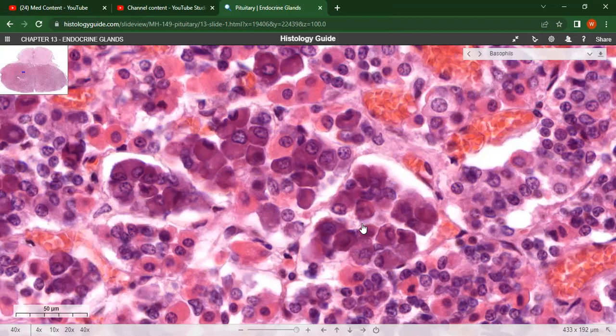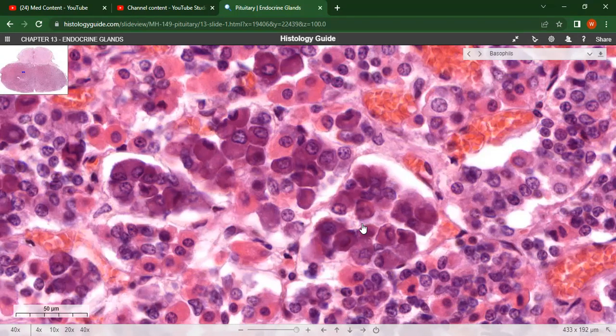Thyrotrophs produce thyrotropin hormone, or what is known as the thyroid stimulating hormone. Corticotrophs produce corticotropin hormone, or the adrenocorticotropin hormone.